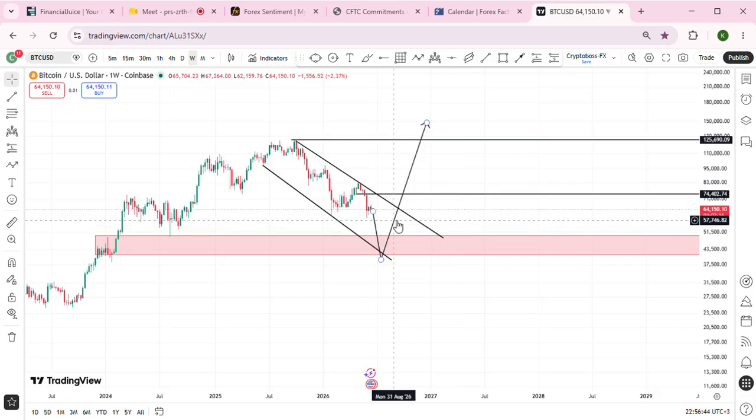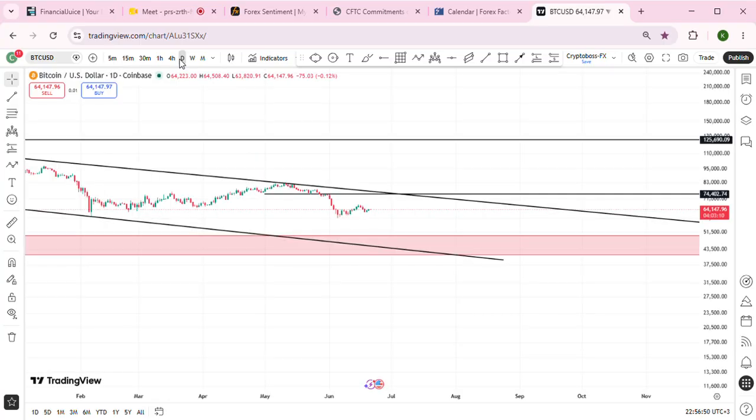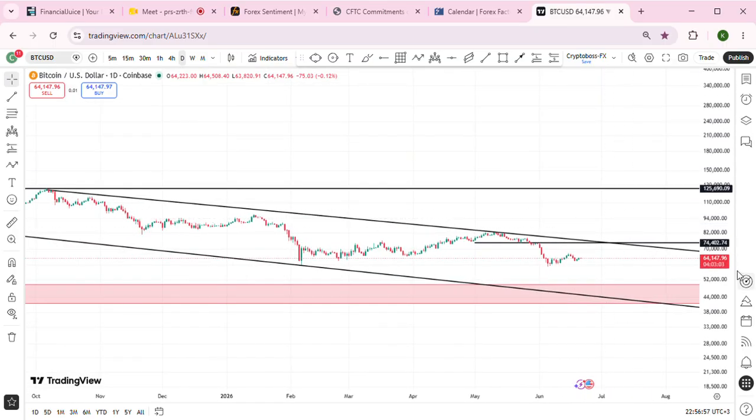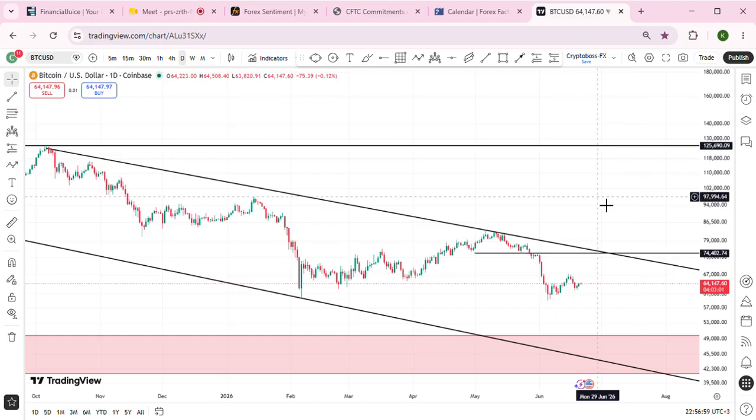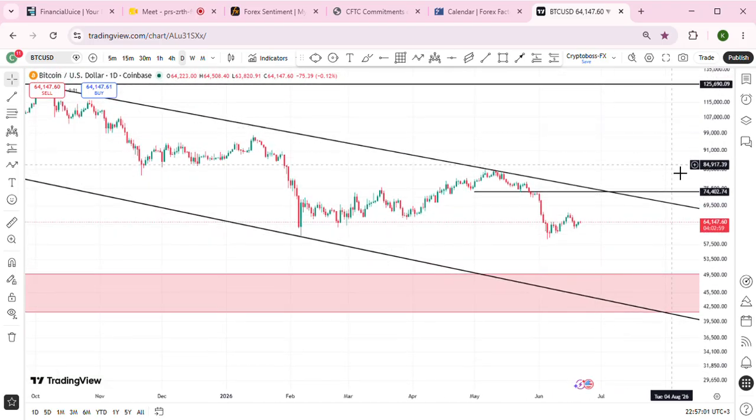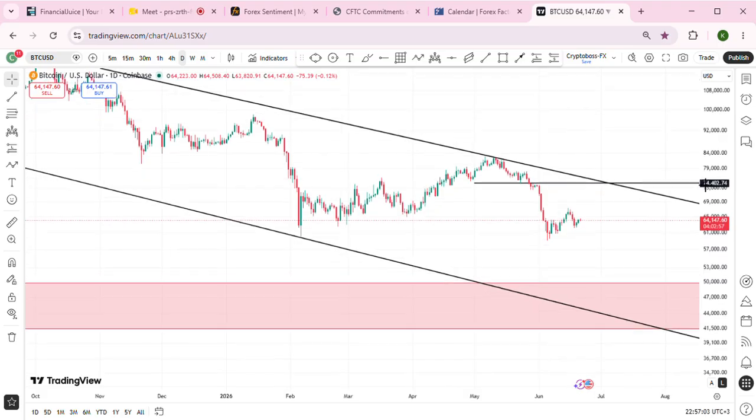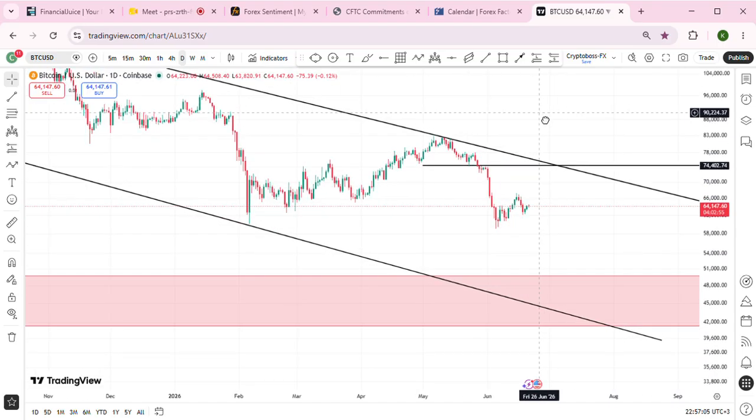So now let's go to daily time frame. We normally do what we call top-down analysis. You start your analysis from higher time frames coming to lower time frames. That is what we call top-down analysis. In every time frame, you look for 1.